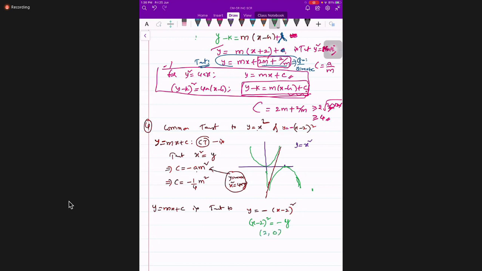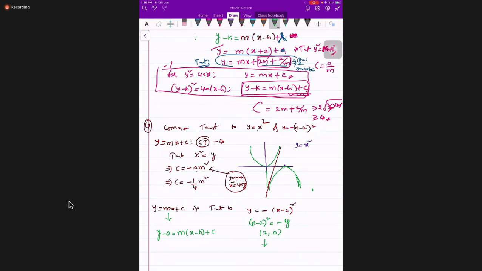The vertex is 2, 0. Now generally, what is the tangent to this one, students? Anytime the tangent is what? y minus 0 equal to m into x minus h, which is 2, plus c. Correct or not, students?